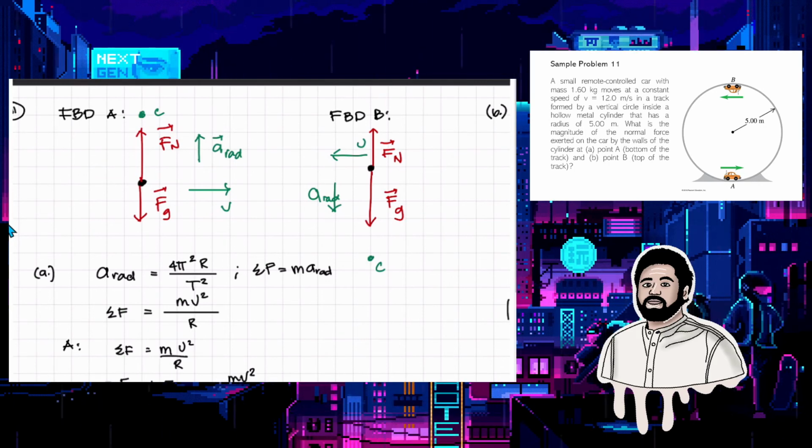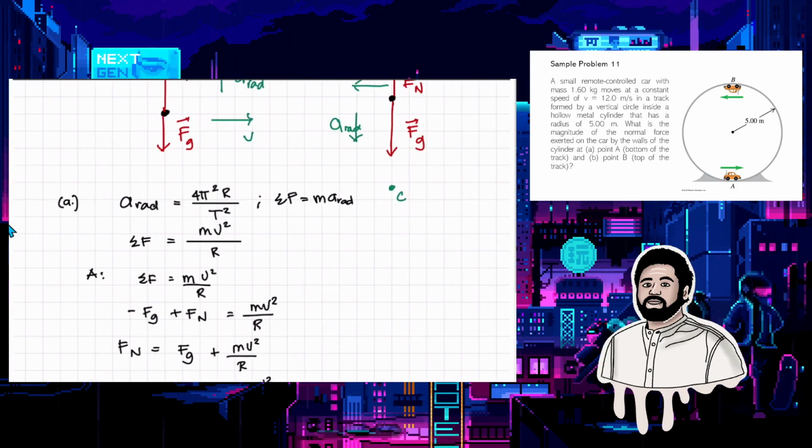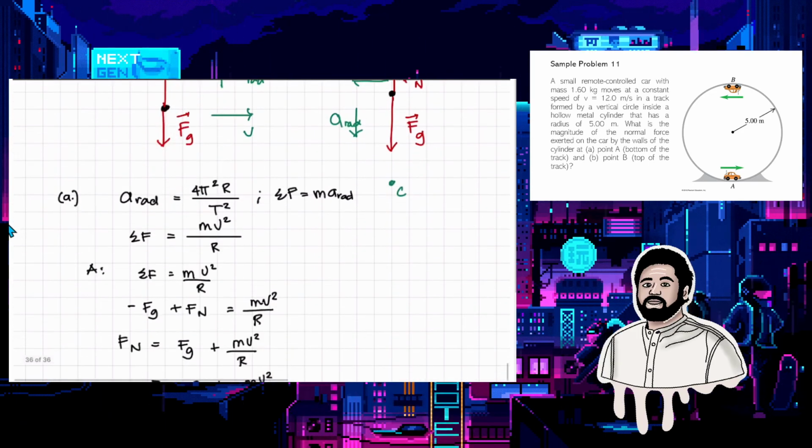So we could make use of the one that is already derived. The summation of forces, or net force, is just equal to mv squared over r. Using FBD A, the summation of forces is equal to mv squared over r. Looking at this, you have positive normal force and negative Fg, so negative Fg plus the normal force equal to mv squared over r.